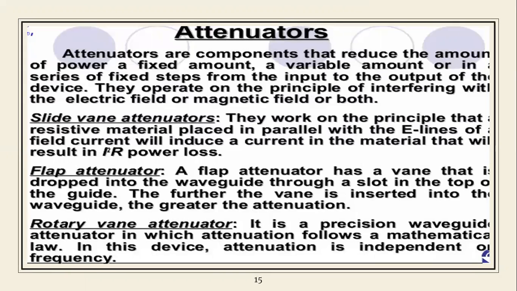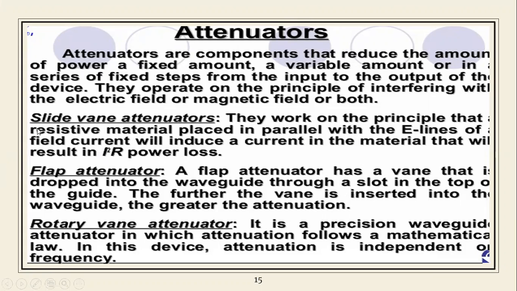Attenuators are the components which reduce the amount of power, in a fixed amount or a variable amount, depending upon how you want the signal, whether the signal is strong or weak. You can use them for this. The slide vane is one of the attenuators. It works on the principle where the resistive material plays in the parallel lines.